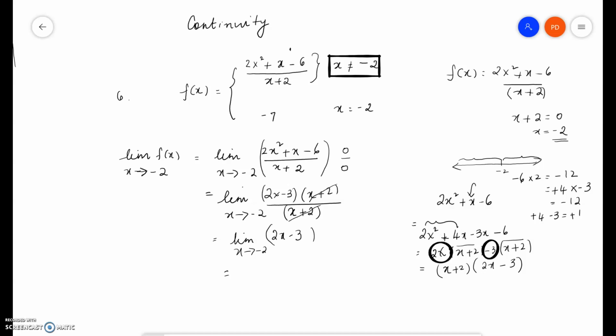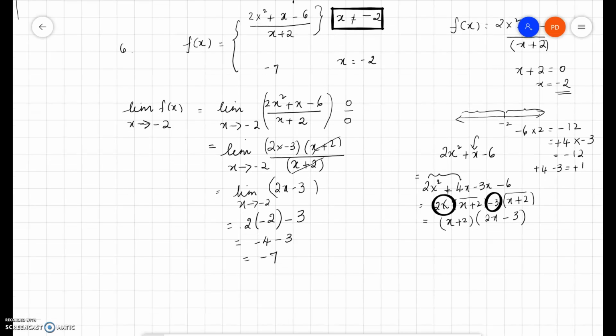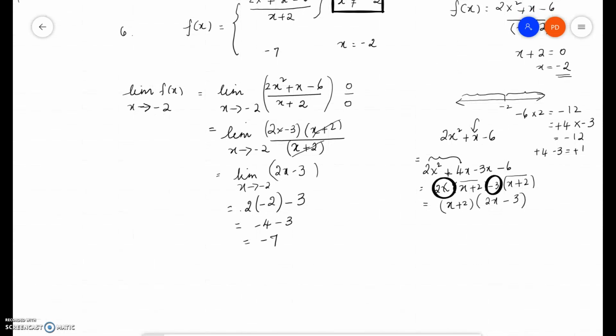So finding the limit of this function as x approaches negative 2, we plug in negative 2. Substitution does work. So that's negative 4 minus 3, which is equal to negative 7.